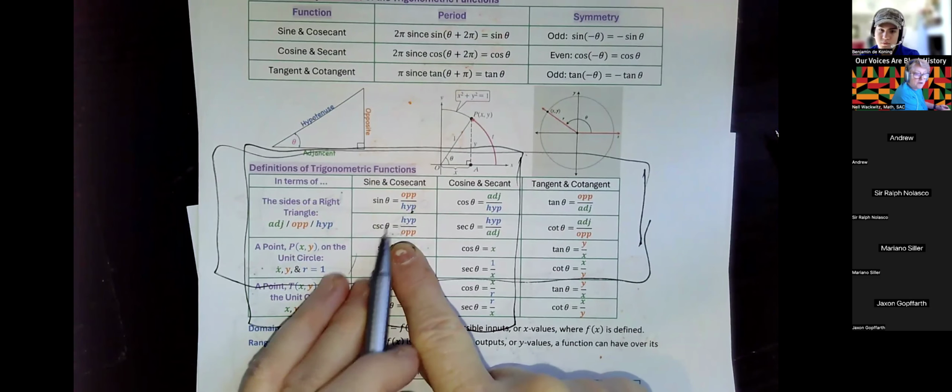If we're in the unit circle and P(x, y) is a point on the unit circle, then sine is y, cosine is x, tangent is y over x, and then we have the reciprocals. And where we're going next is for a point P that isn't necessarily on the unit circle. But these definitions going back and forth, it's really important to have them. And I included a little sketch for all 3.